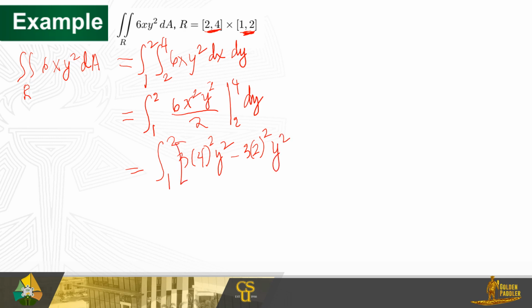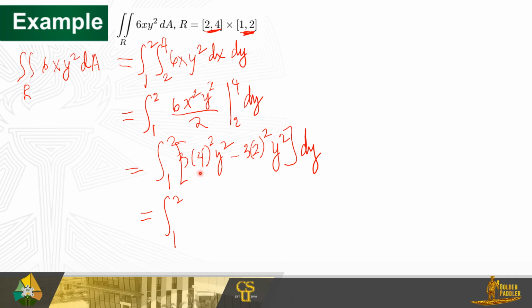And again, the result of this, we evaluate the integral with respect to y. So let's evaluate. We have the integral from 1 to 2, and this is 16 times 3, that is 48. Then the other term, we have 4 times 3, that is 12.